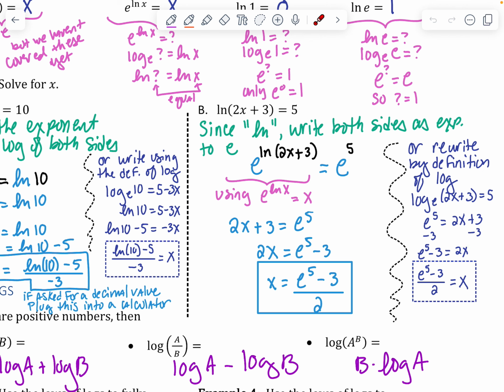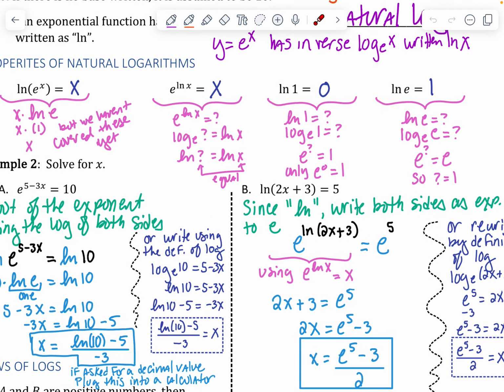Or using the properties down below, since I have ln in the question, it's all in black, I'm going to make it the exponent of e. So I've taken e to the left side and e to the right side.